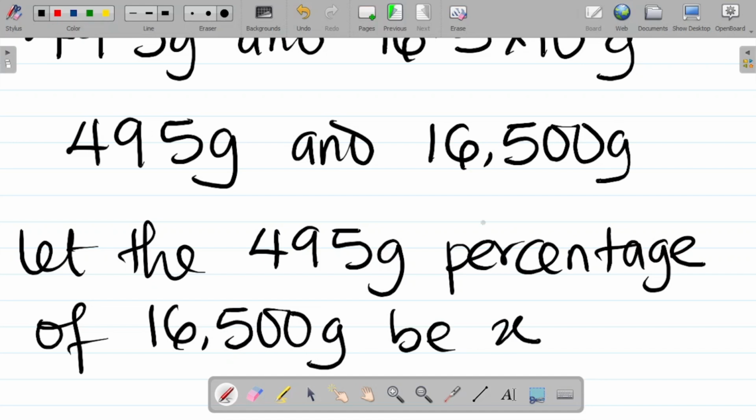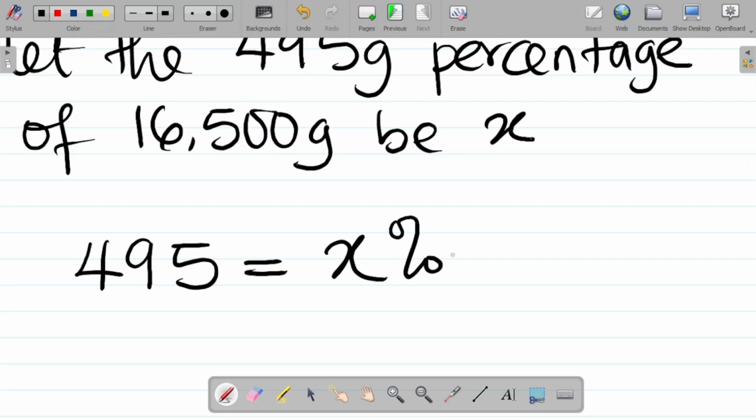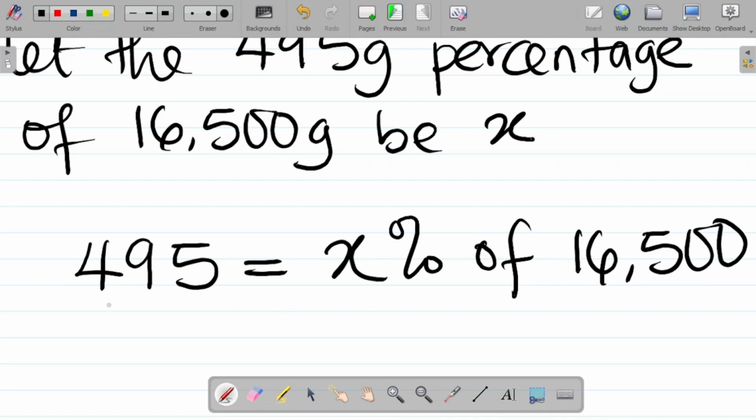It means that 495 will be equal to x percentage of 16,500. That's the concept. You're asked to express 495 as a percentage of this. So that's my simple expression.